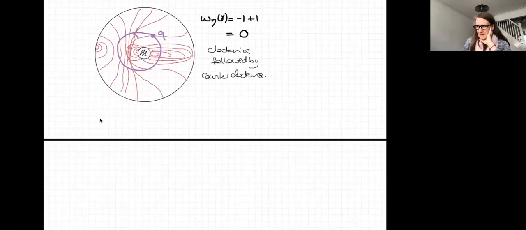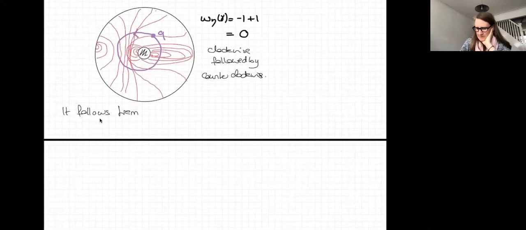Then there's a result by Chillingworth that can be adapted to line fields that says the following.